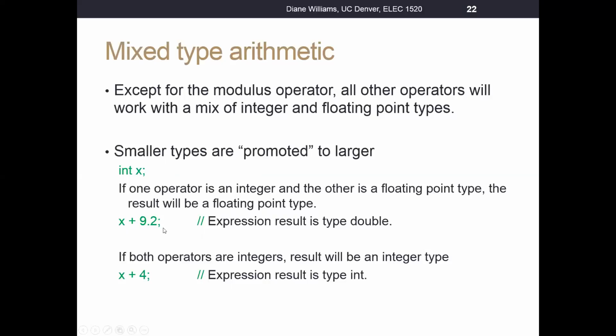We try not to mix math, but when you do, the idea is that the smaller types, so an int we consider to be smaller, right? Anything that has this floating point we consider to be larger because it can hold information to the right of the decimal point, so it will promote it to that type. Right? If both operands in this case are integers, so if x is an int, we declared it up here, 4 is an int, the resulting type of this expression will be an int.